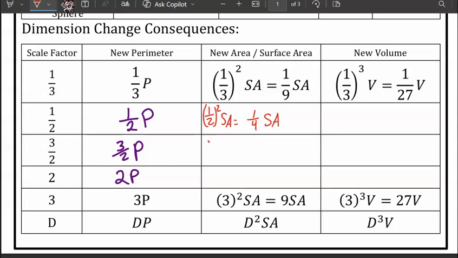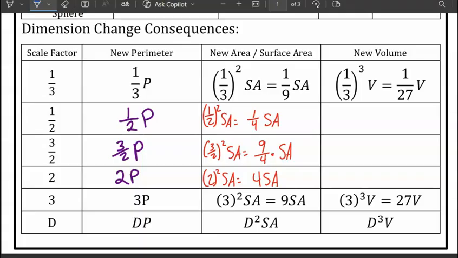For the next one, you would square the 3/2 to get 9/4 times your original area. And then for a scale factor of 2, we'll square that to get 4 times your original area or surface area. Basically, whatever your scale factor is, you're going to square it and then multiply by that original area.